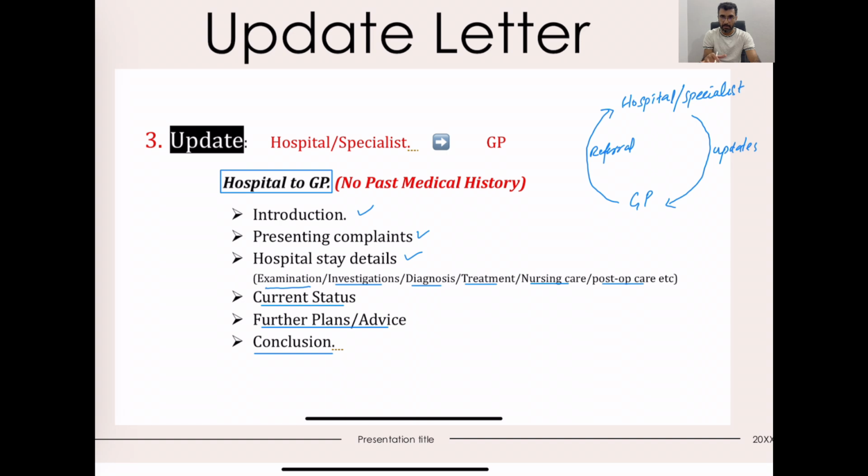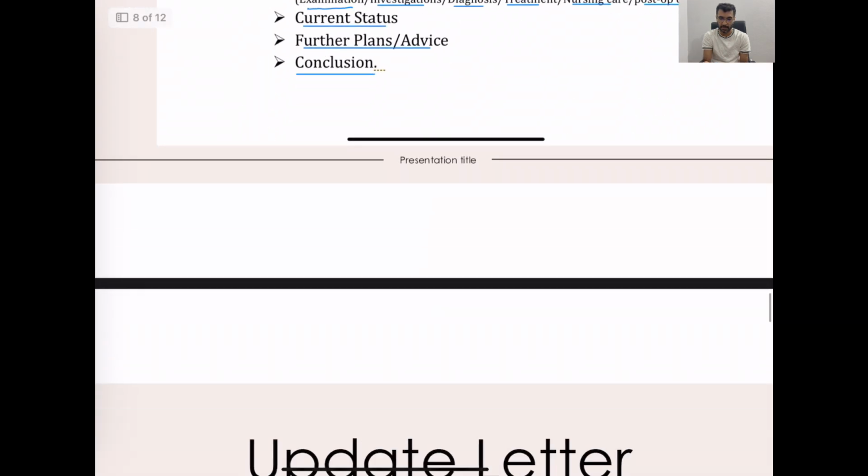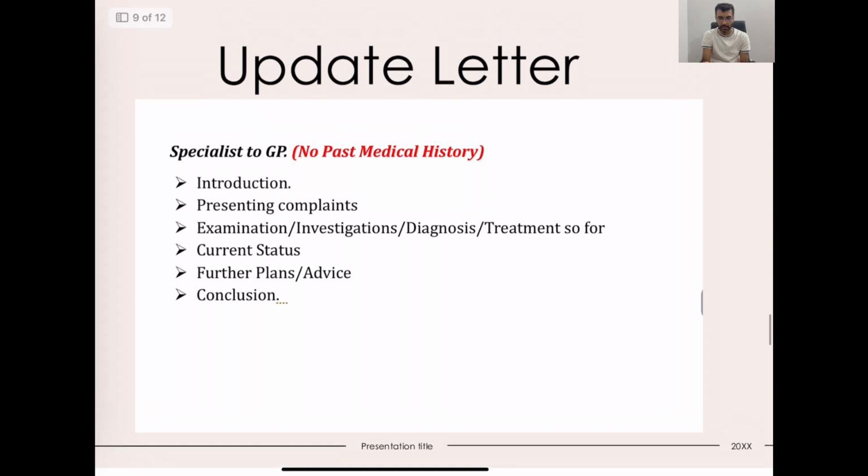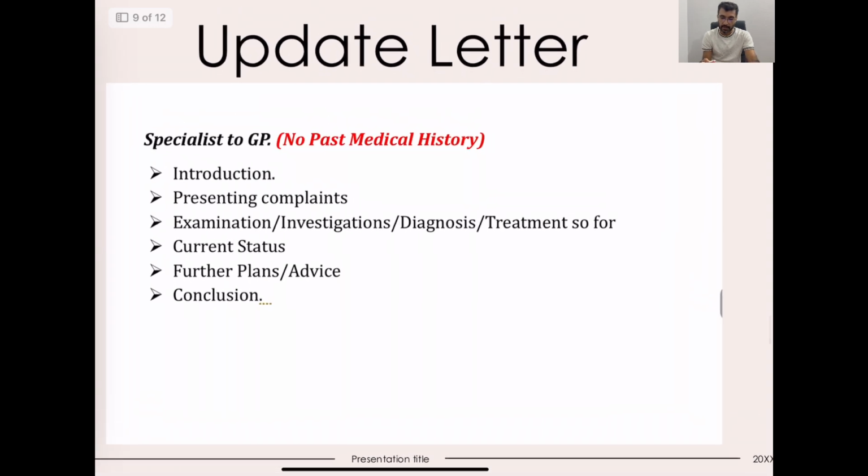Actually, there is no sample here for the update letter sent from the hospital to the GP, but we do have a sample for the other one, where the letter is sent to the GP from the specialist. We do have a sample for this one. So let's see the structure.